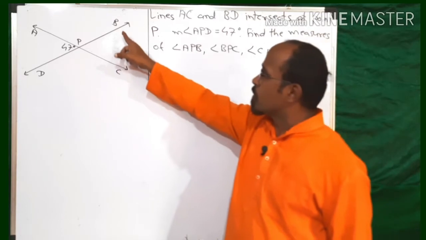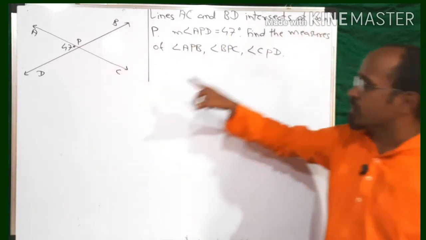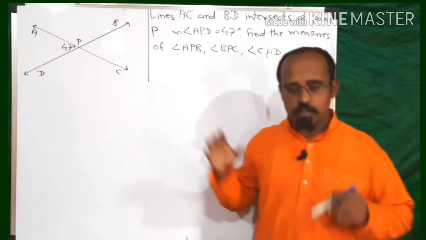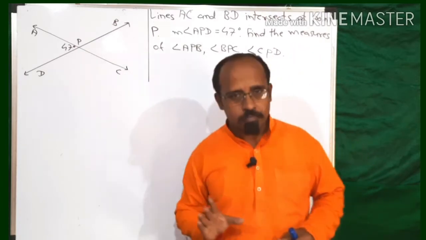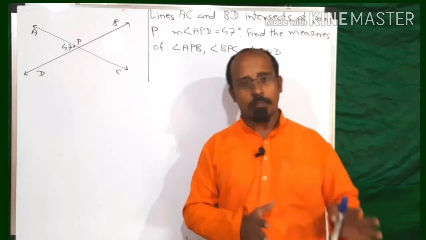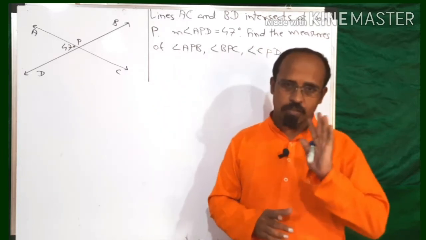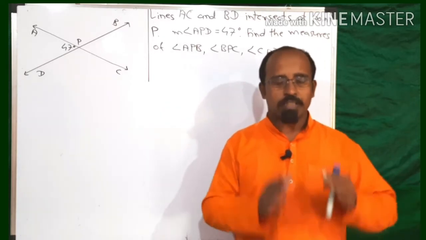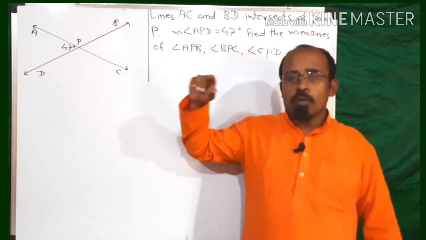BPC second, and CPD third. Let's go. Friends, till this video, we learned two properties: angles in linear pairs and vertically opposite angles. Angles in linear pairs are supplementary, their addition is 180 degrees, and opposite angles are congruent, their measurement is the same.